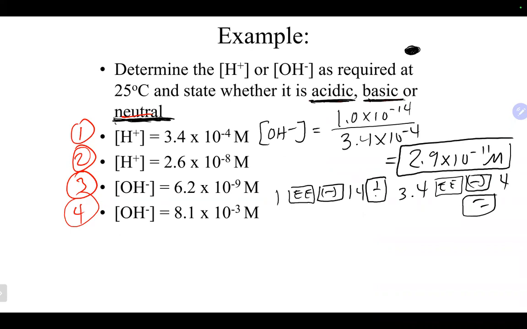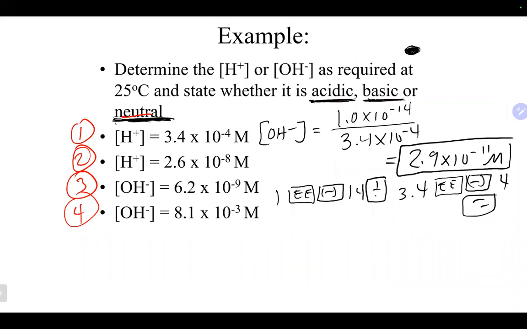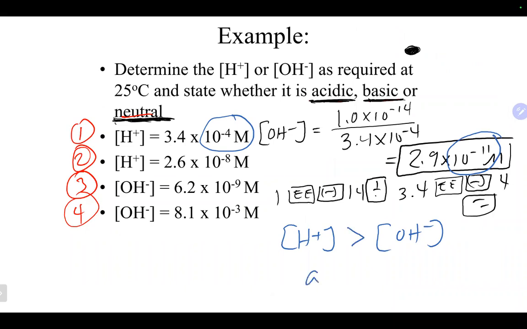So is this one acidic, basic, or neutral in this case? This one is going to be acidic. So what we want to do is really compare the H plus concentration to the OH minus concentration. And really at this point, you could just look at the exponents part. So that is to the -4, that is to the -11. That is a much smaller number, the -11, which means the H plus concentration is larger and it should be acidic in this case.